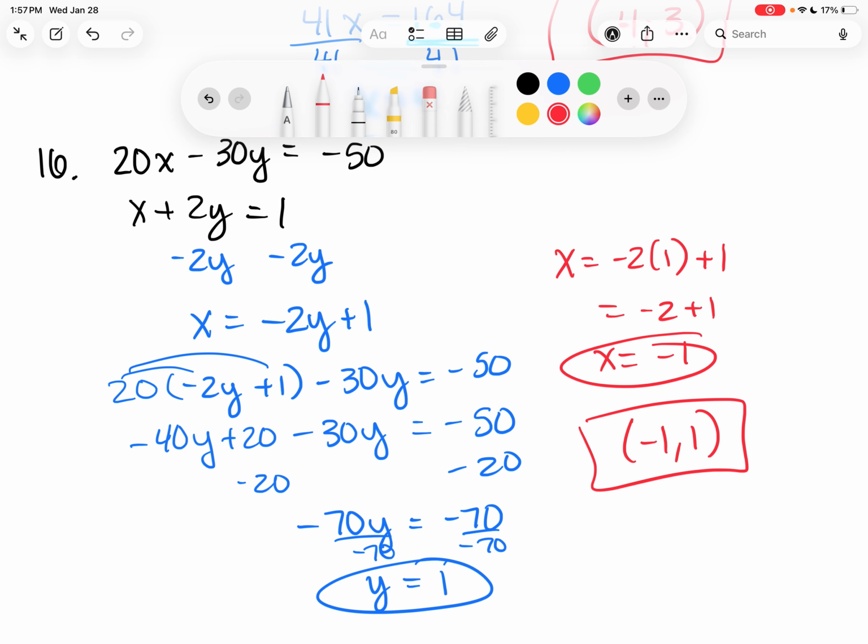I subtracted 20 and combined like terms all in one step, so I got negative 70y equals negative 70. Divided by negative 70 and got a positive 1 for y. Took that and I plugged that into the equation where I had gotten x by itself. And when I did that, I ended up with negative 2 plus 1, which is negative 1. So x equals negative 1. Any questions on these? No.